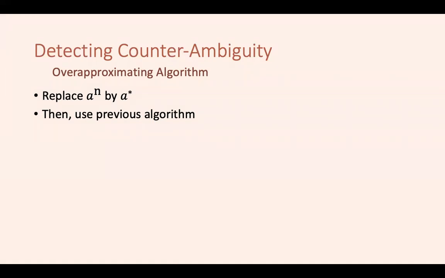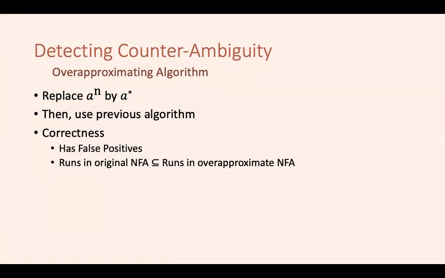And this is correct only in one way, in the sense that it has false positives but no false negatives. So if you have a run in the original NFA, it will also correspond to a run in the over approximate NFA. However, there might be extra runs in the over approximate NFA which you cannot take in the original NFA because there are certain guards that block that.